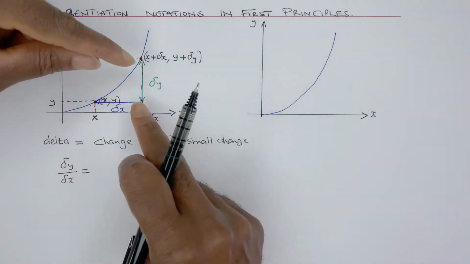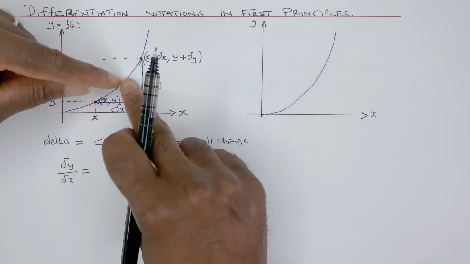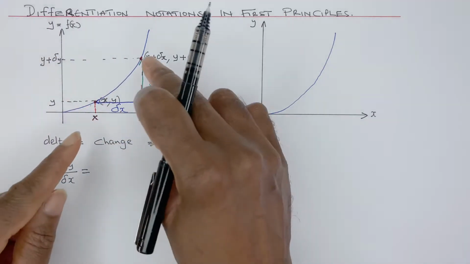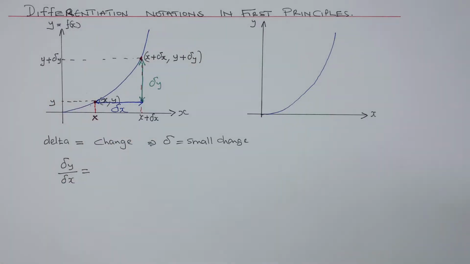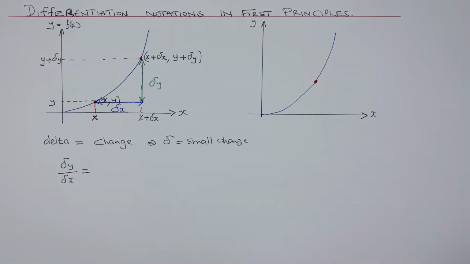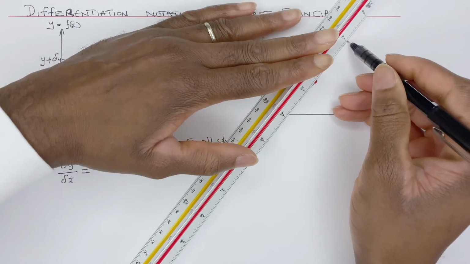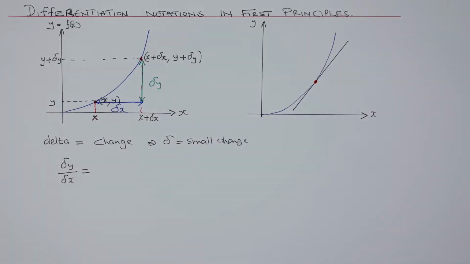But if we bring that point down as much as possible, to a point where the difference between these two becomes infinitesimally small, we can then maybe produce a point like that. And that point, well, we draw a tangent to that point. So that's a tangent.